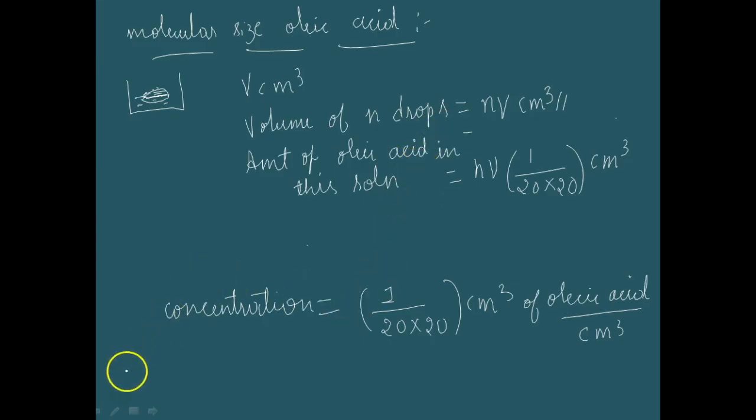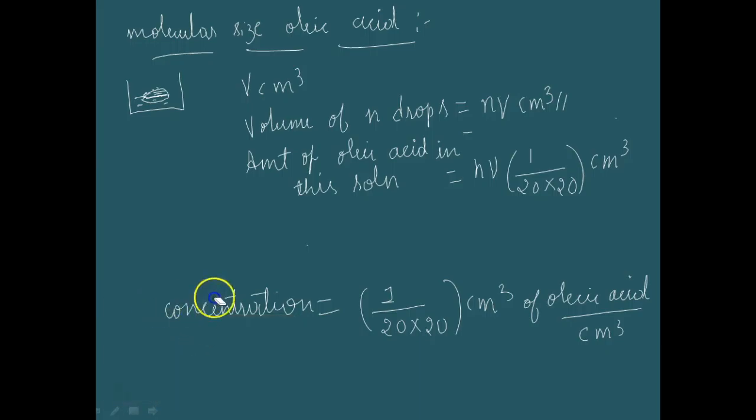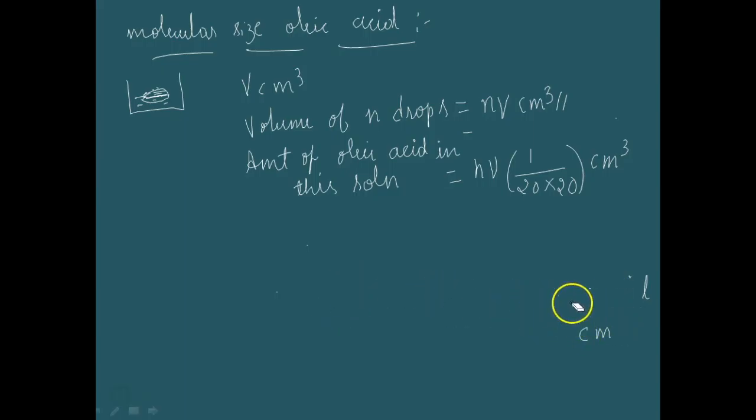We have a method for that also. In order to find the thickness T, we should know two things. One is the volume of this film that is formed on the surface of the water, and one more thing, the area of the film.